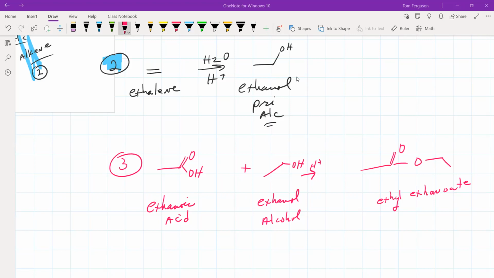This is gonna be in chapter 17. Chapter 17 is carboxylic acids and their derivatives, and one of the derivatives is esters.